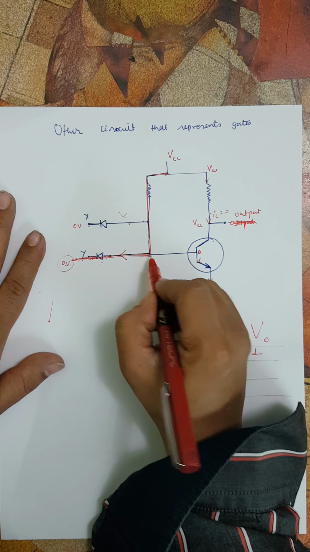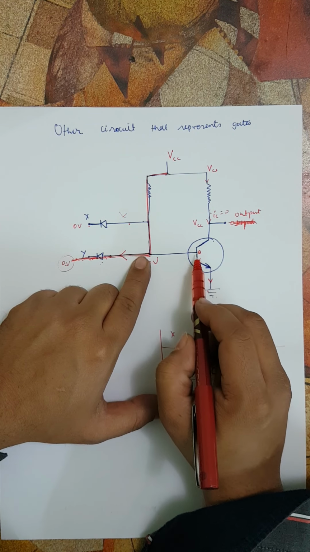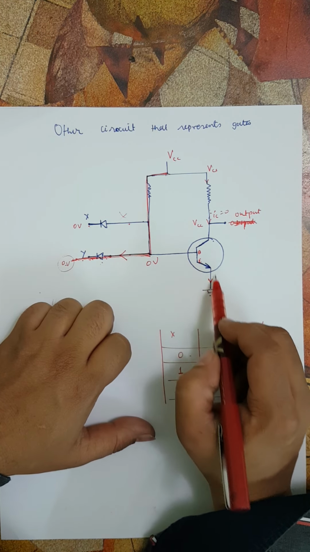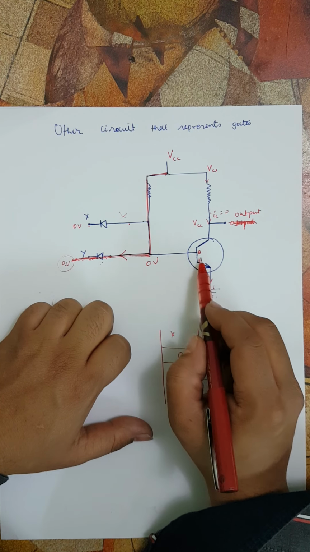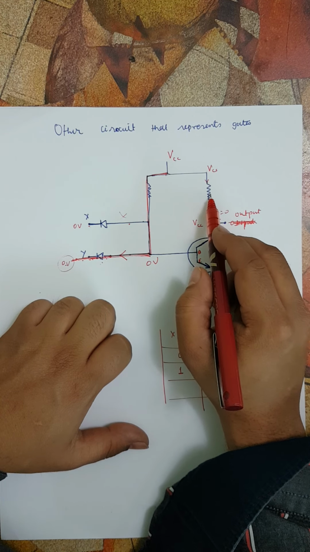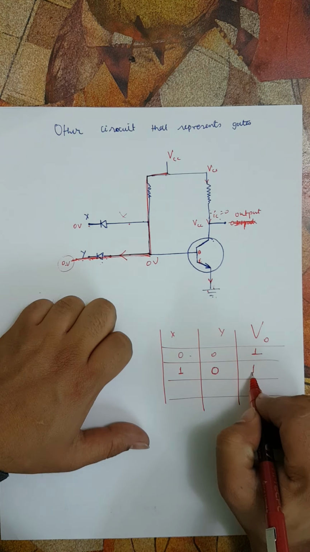So 0 volt here means 0 volt here, which means no potential difference between the base and emitter. No potential difference between base and emitter means this is unbiased. Unbiased means no current. No current in the base, no current in the emitter means no current in the collector. IC is 0, and IC is 0 means whatever is the voltage here, the same is the voltage here. Again what we get is 1.